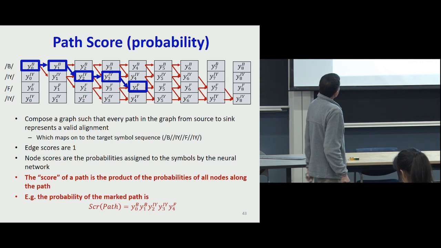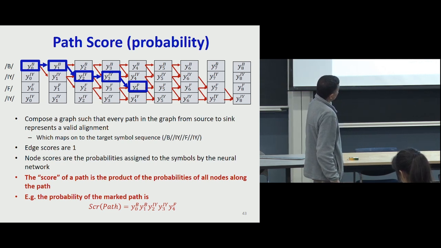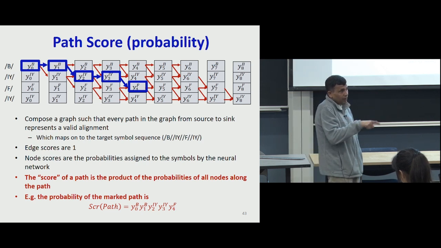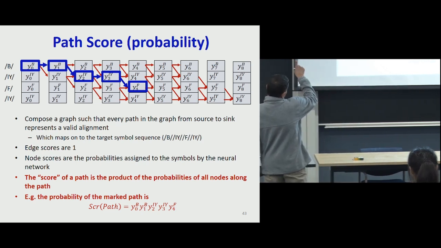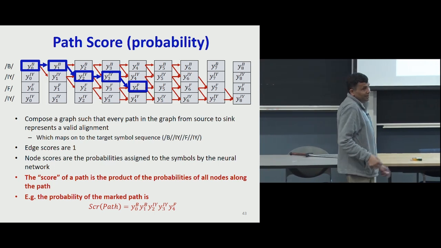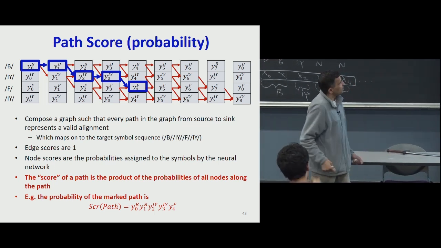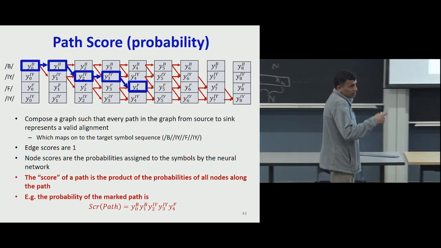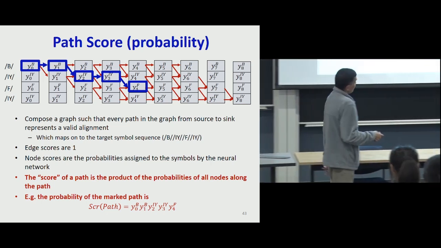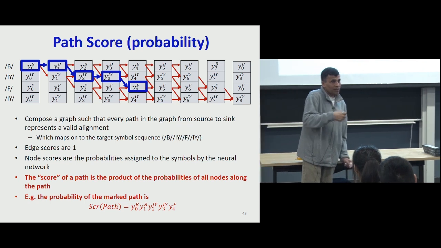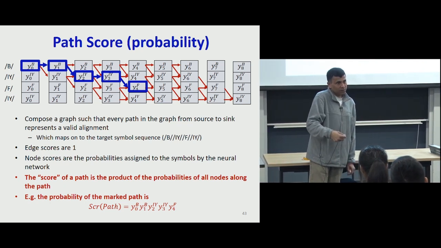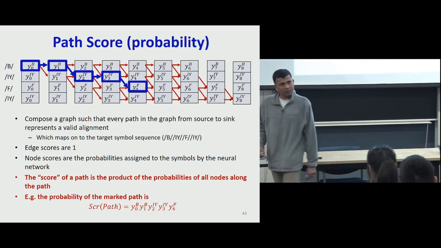So this path over here, y0b, y1b, y1b, y2e, y3e, y4f, that path will have a probability, which is simply the product of all of those y's, where the y is simply the probability assigned to the symbol at that time. So for instance, y2e is the probability assigned to the symbol e at time 2 by the network, right?